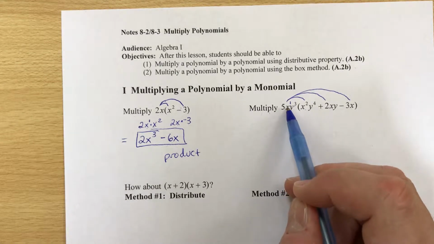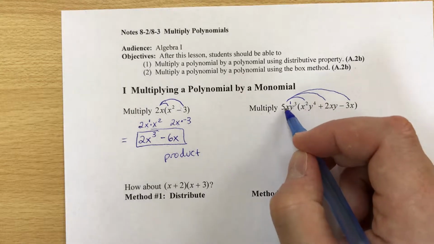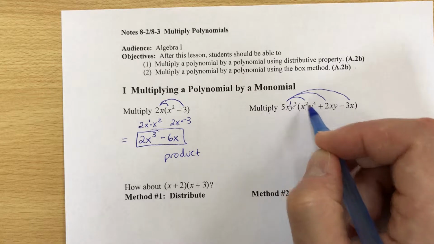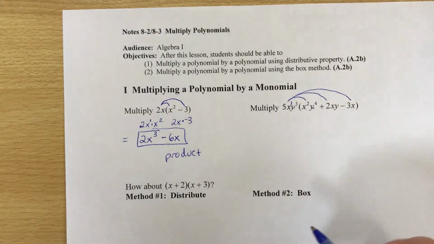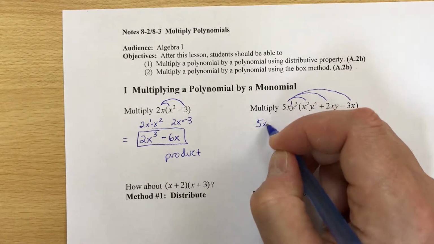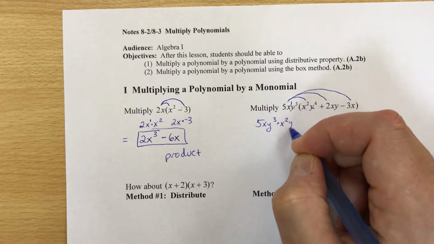For example, we do 5x to the first, y to the third times x squared y to the fourth. You can say that's 5, add the exponents, x raised to the third, add the exponents, y raised to the seventh. You can do that, but again, for the first couple problems, I am going to write out everything.